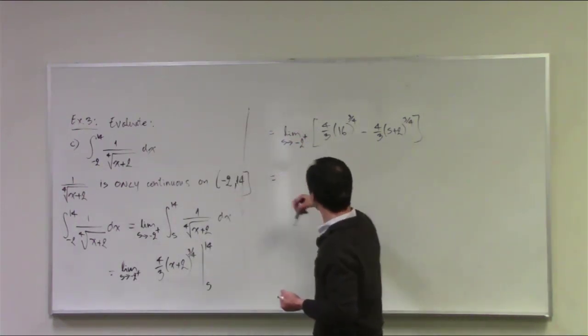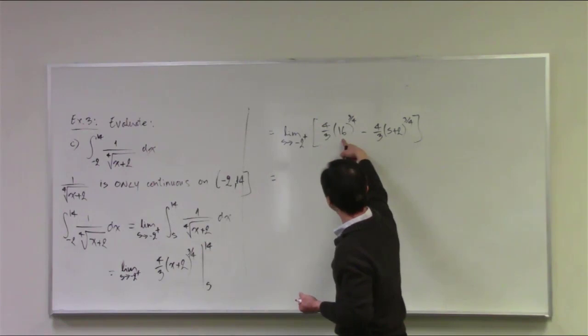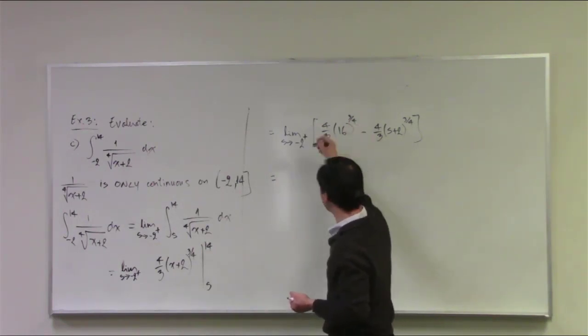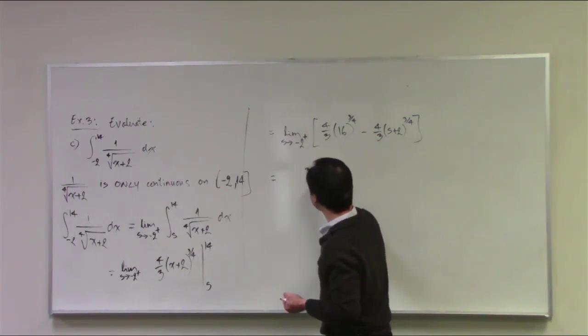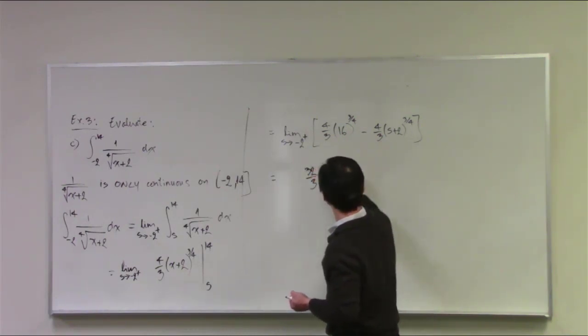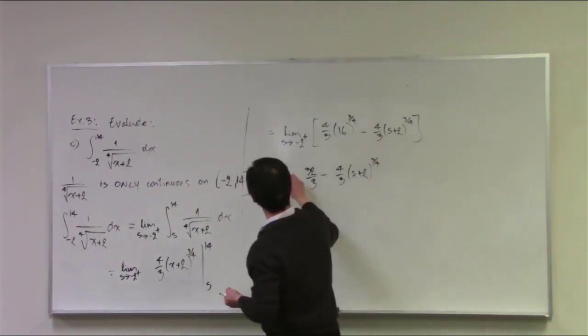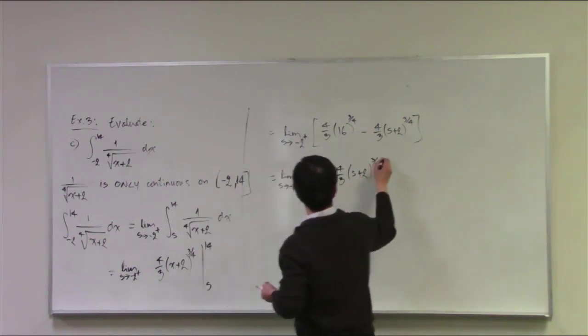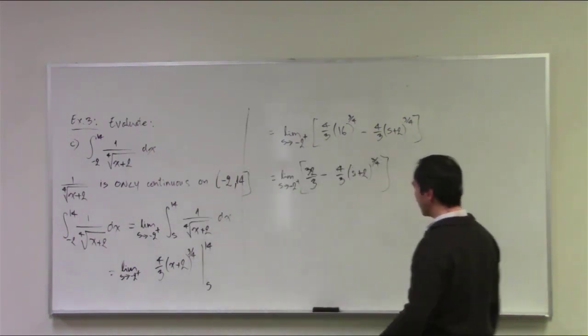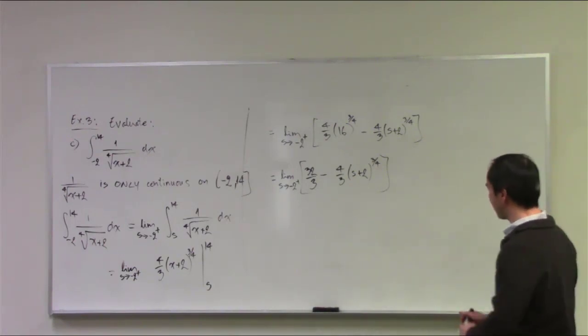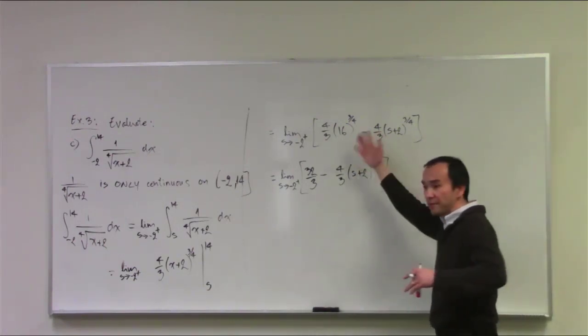You can double check my calculation, but the 4th root of 16 is 2, raised to the 3rd power is 8, and 8 times 4 over 3 is 32/3. And we're subtracting 4/3 times (s plus 2) to the 3/4 power. Now we take the limit one more time. This is actually quite simple, since we're free from the denominator.